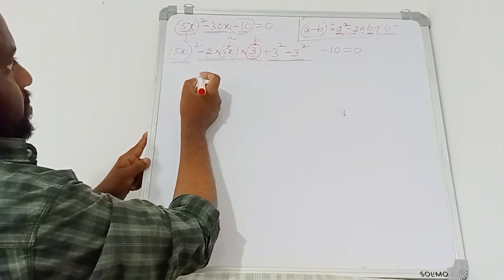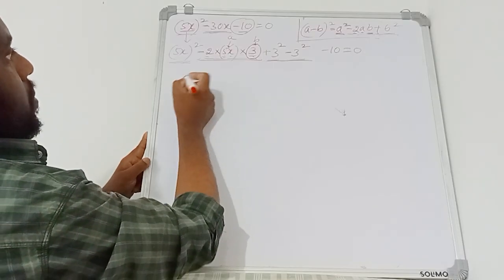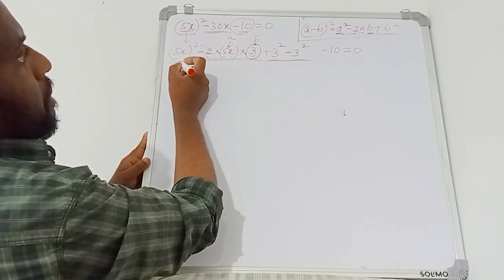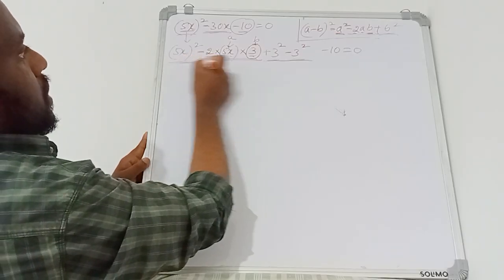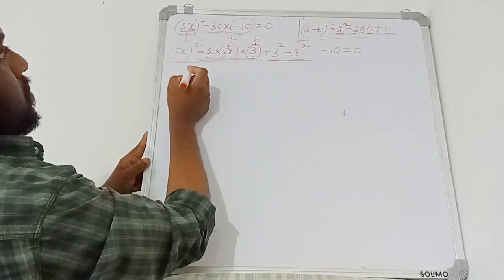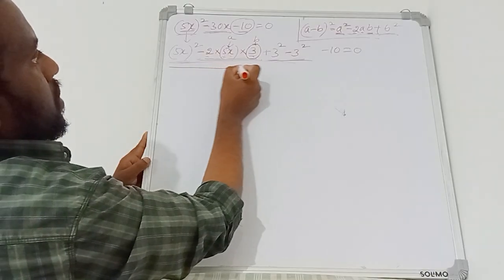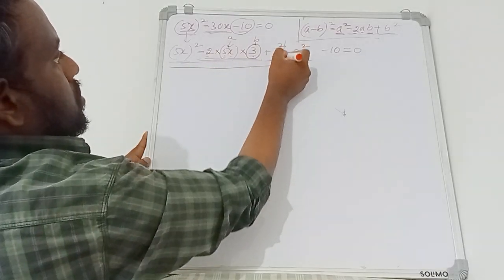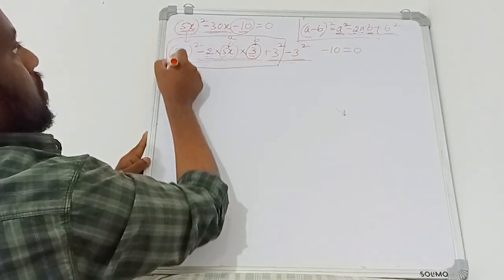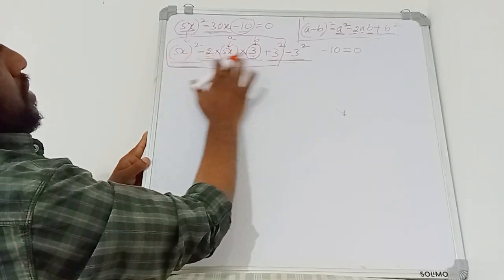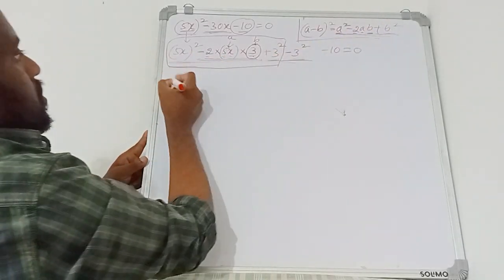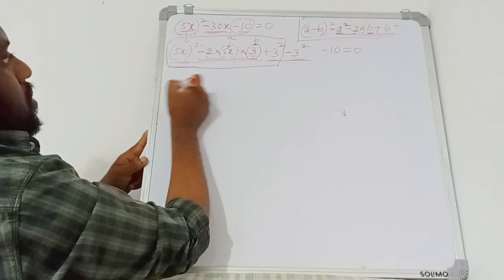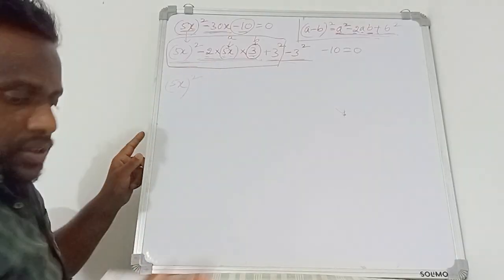Next step, see, till here you write as it is. Why? Because this is in the form of this. So 5x, sorry, one second.